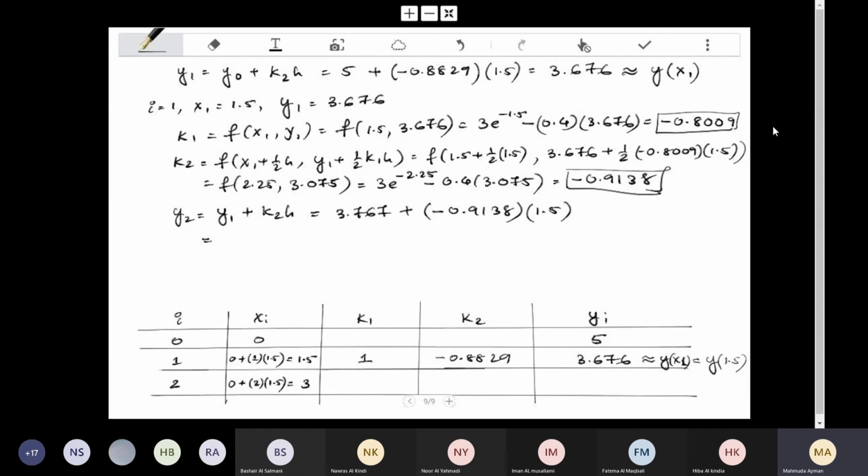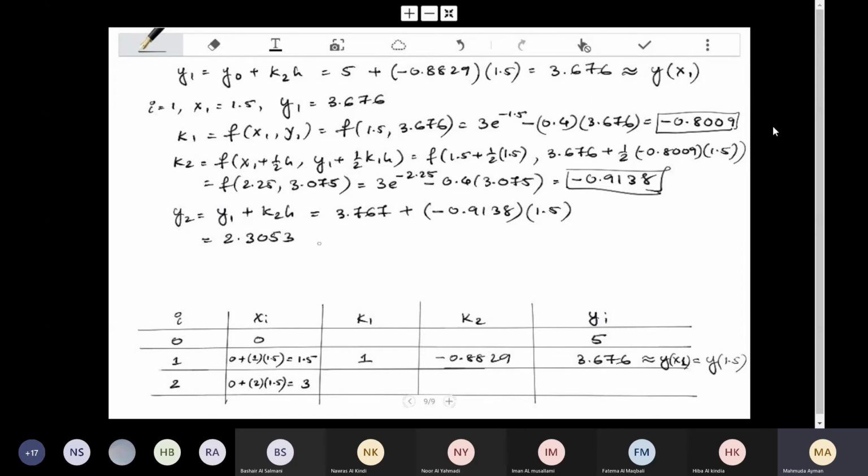So we have 2.304. I have one decimal point different from you all. Should be 5 according to you. You're sure, right? All of you are giving me this answer, so I'll just replace mine. So I'll replace this with 5 here now.